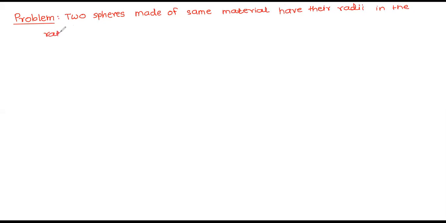Two spheres made of the same material have their radii in the ratio 1:3.